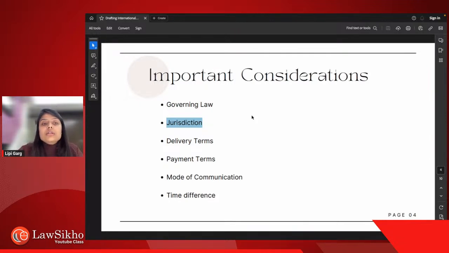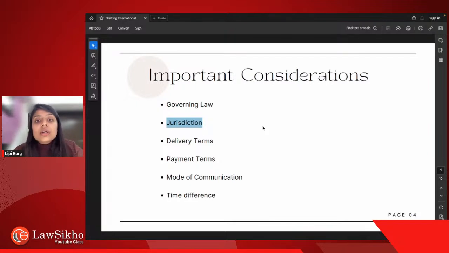And one more thing that I want to cover in jurisdiction is that there are countries that have different legal systems, or work on a federal system, right? Let's say the US. Now, if your contract says that the jurisdiction of this particular contract is USA, this is wrong, because USA has 50 states. All of them have different laws, different legal systems.